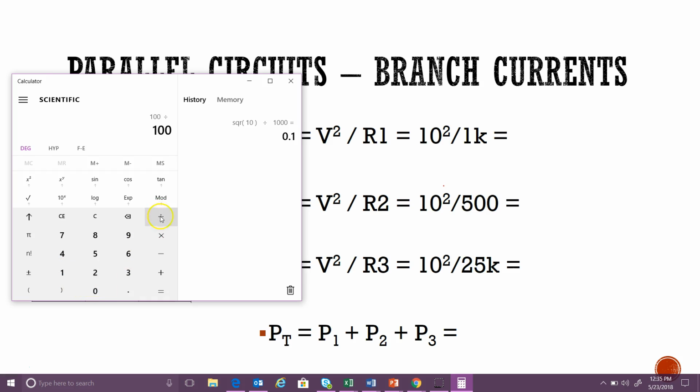100 divided by R2, which is 500, gives me 200 milliwatts. And then divided by 25K would give me 4 milliwatts.